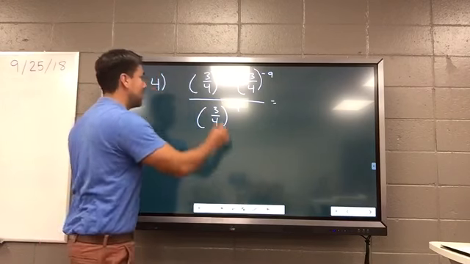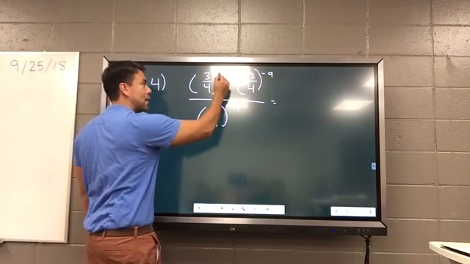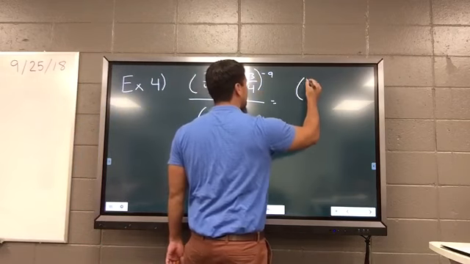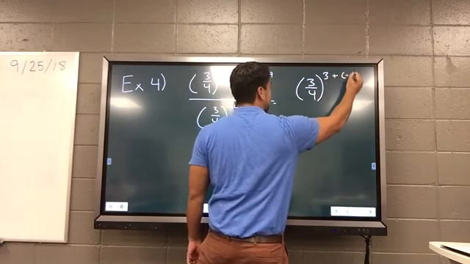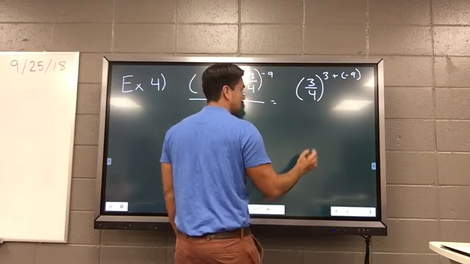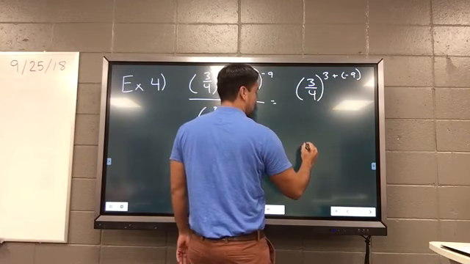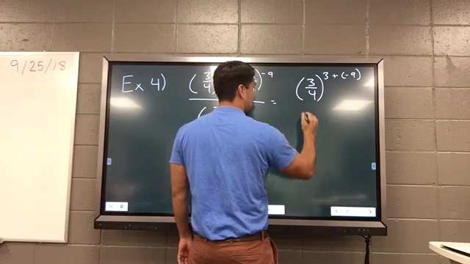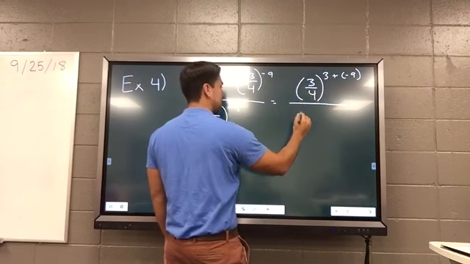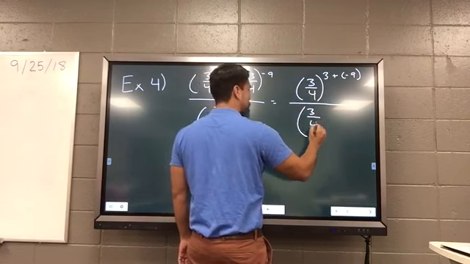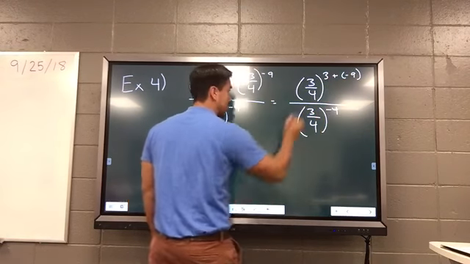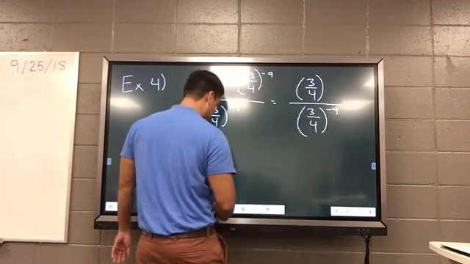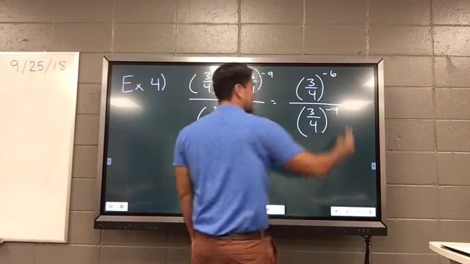Okay, you guys ready? Same bases are being multiplied. What do I do with those exponents? Just add them. 3 plus negative 9, which is negative 6. So I have 3 to the negative 6, and then this one is already simplified. Okay, this right here we said was negative 6. All right, so here's my problem.